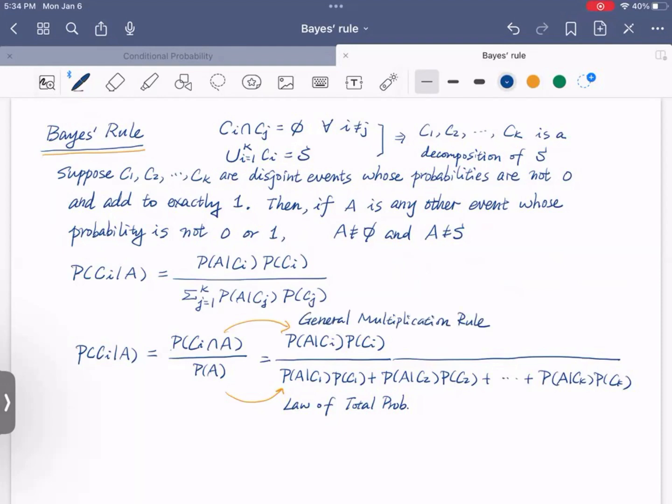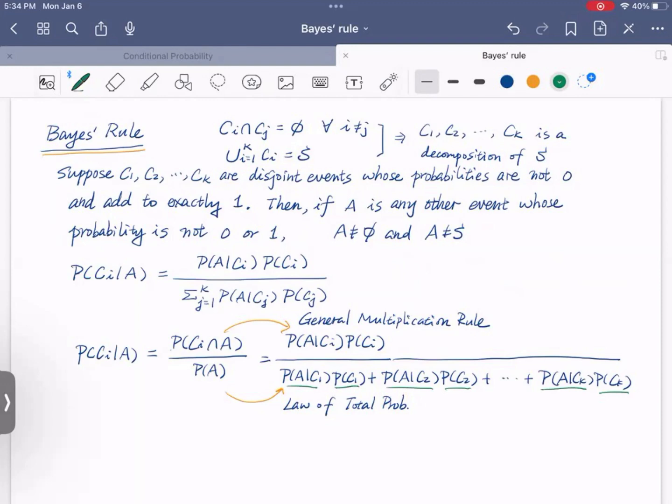And what is the purpose of this Bayes' rule or Bayes' theorem? Originally, these Cj's are conditions. We know P of A given Cj for some j. So suppose we know all of these conditional probabilities, and we also know the marginal probabilities of all of these conditions. Then can we reverse the roles of the event of interest and condition so that we can calculate the probability of a certain condition occurring given the event of interest has occurred?